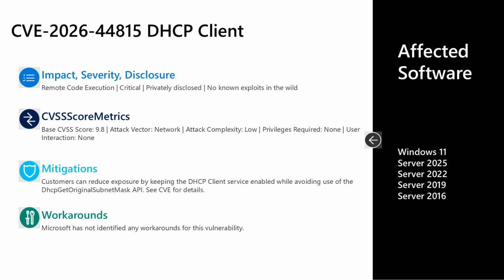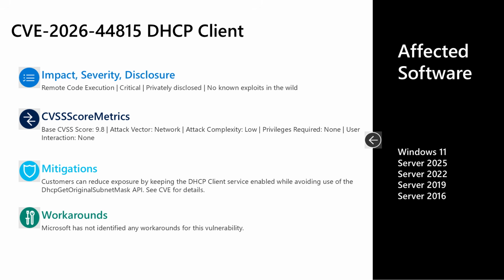And the third vulnerability that I'll cover today is documented as CVE-2026-44815. This is a critical remote code execution vulnerability in the DHCP client, privately disclosed, no known exploits out in the wild. This has a base CVSS score of 9.8. The attack vector is over the network, the attack complexity is low, no privileges are required, no user interaction is required to leverage this.